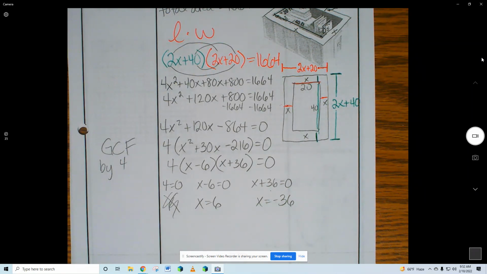I want to know how wide this little piece is. Can the wall be negative 36 wide? No. You can't have a negative width. Can it be 6 feet wide? It could be 6. Could it be 0? Oh, it's 0 wide. That means there's no wall. So we cannot have a negative width.